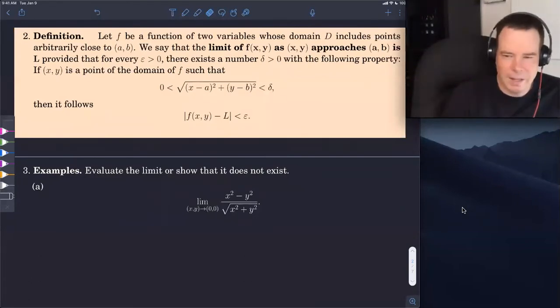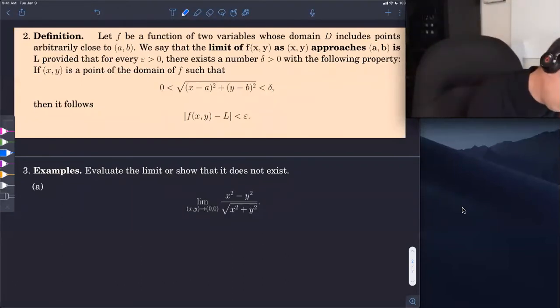So if for every epsilon greater than 0, so for every small positive number, there is another small positive number, delta, greater than 0, with the following property. The first line says that if the point, that whole square root business, that's just a distance. If our point (x, y) is within delta from (a, b), so that's what that is, just the distance between (x, y) and (a, b).